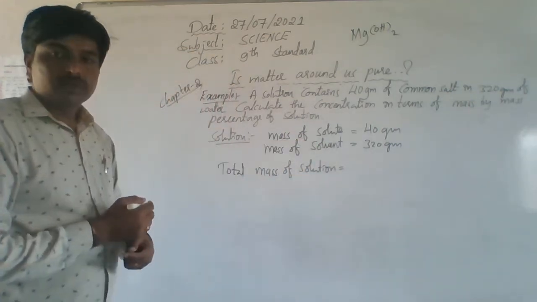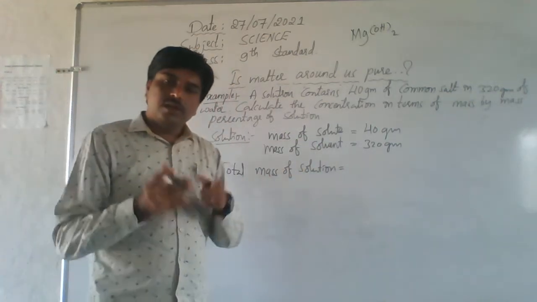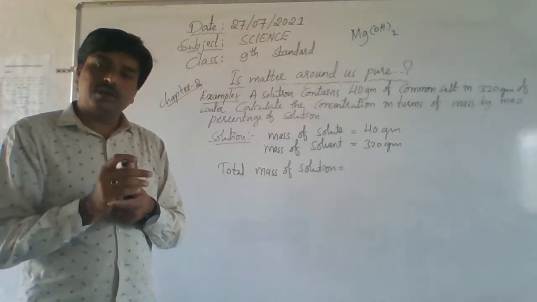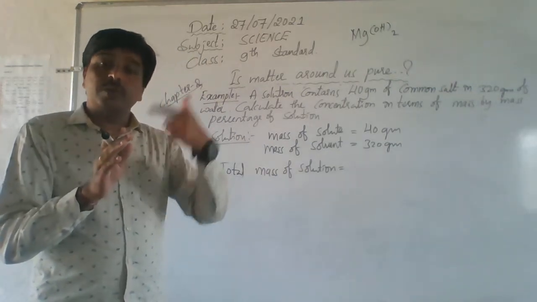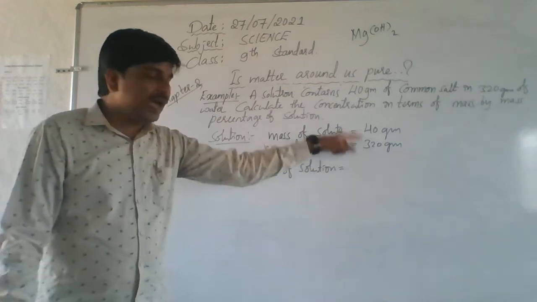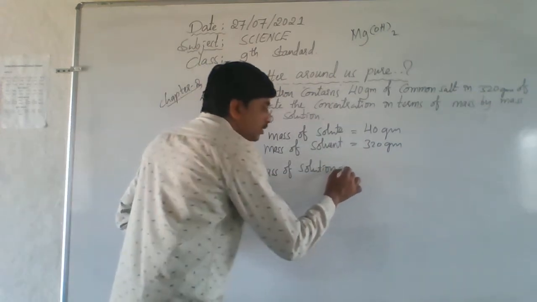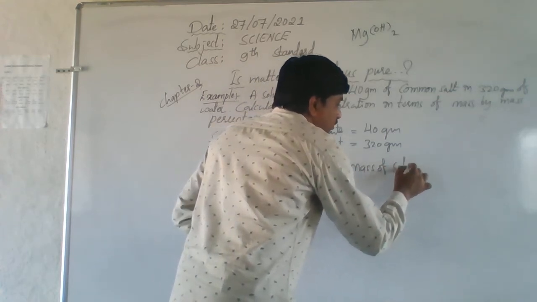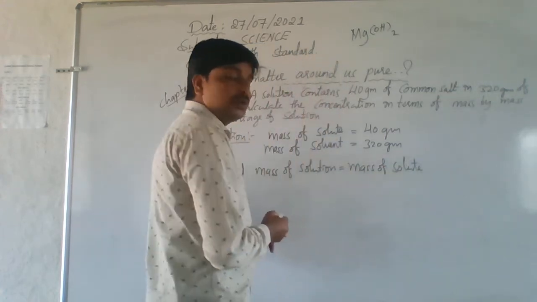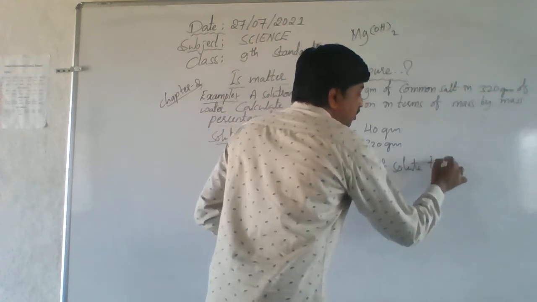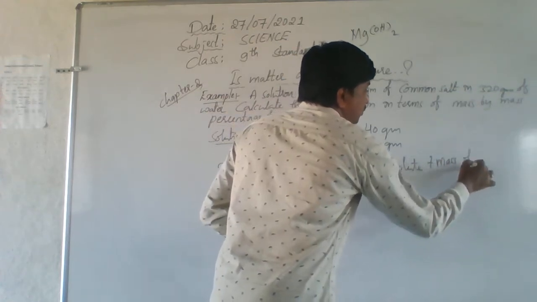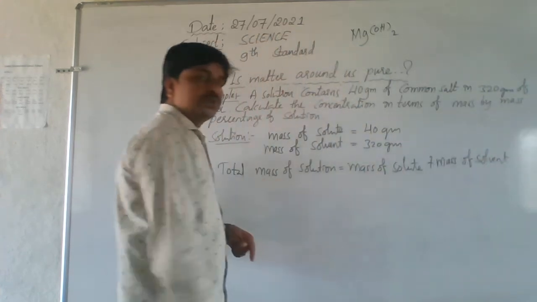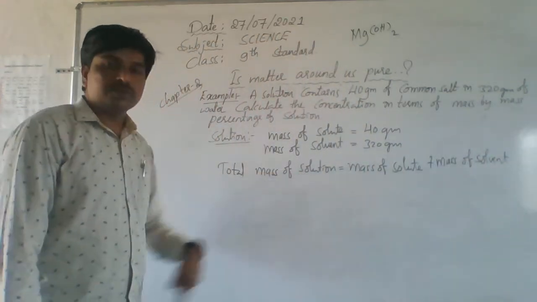Just add both, because solution is a homogeneous mixture of solute and solvent. Hence you have to add mass of solute plus mass of solvent. By adding these two, you get the total mass of solution.